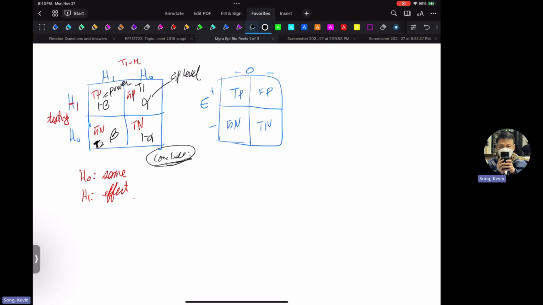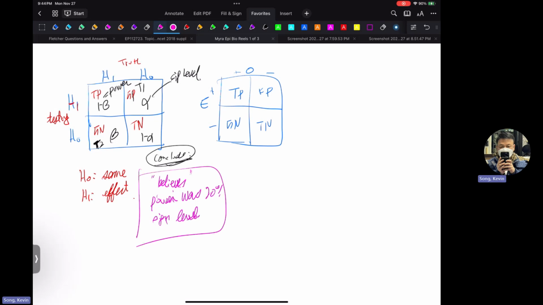For instance, if they mention that the researcher believes, or if they say the power was like 20%, or set the significance level, those are usually kind of meaningless. Okay, don't get tripped up on this one.